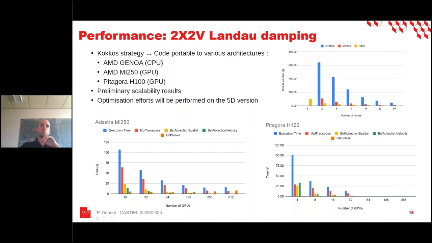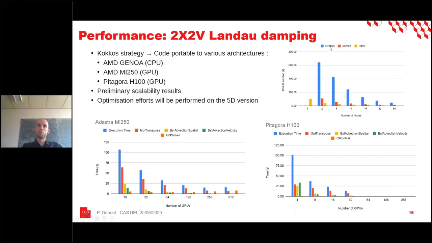And so we went to the same kind of equation, but in 4 dimensions. And then we had to include MPI to be able to use multiple nodes. And that's what is represented, especially here on the top right figure, where we compare 3 types of architecture.